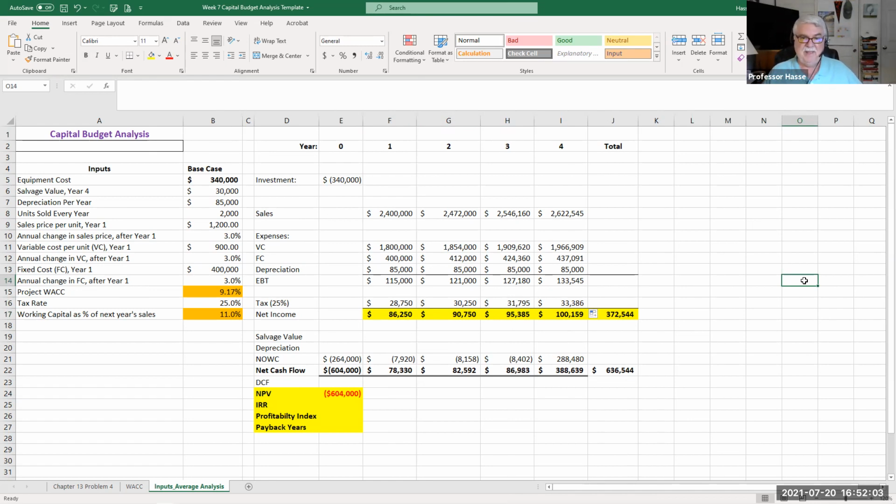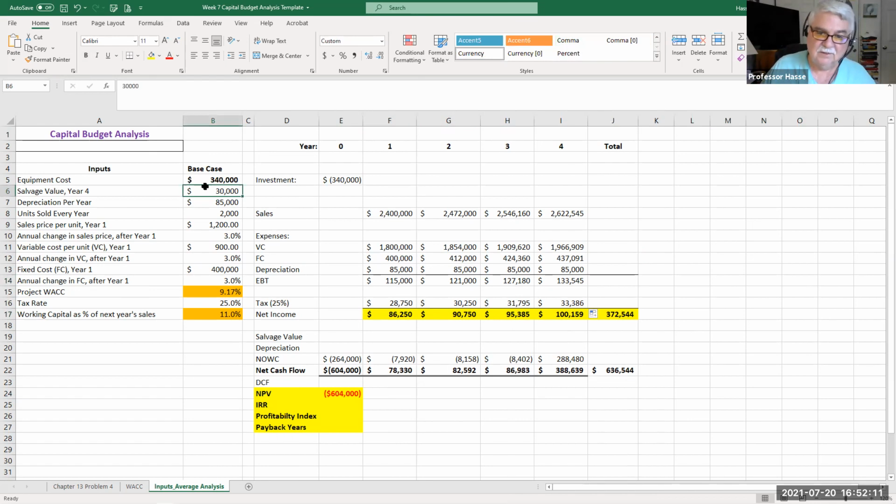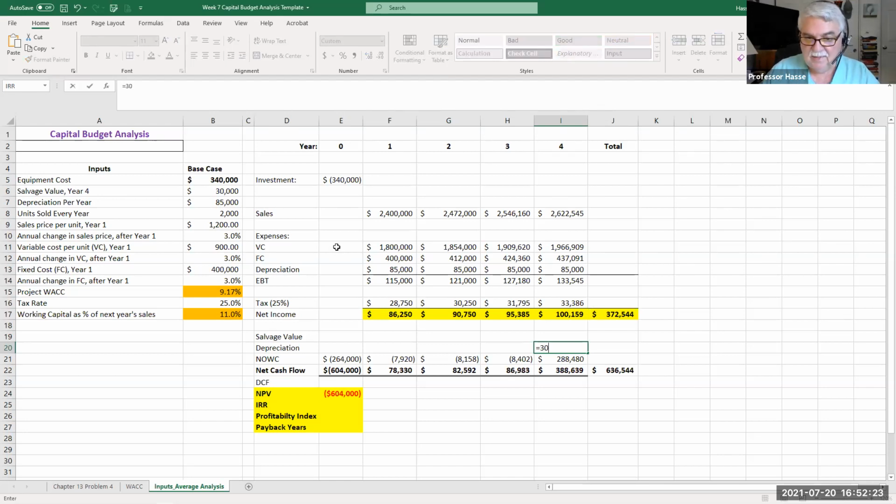Now we have to add back in a couple additional cash flows as we discussed last week in this analysis. First of all, our salvage value is $30,000 to be received in the final year, $30,000. But since we fully depreciated the asset over its life, that $30,000 is a gain. So we're going to have to pay tax on that times 1 minus the tax rate of 0.25.